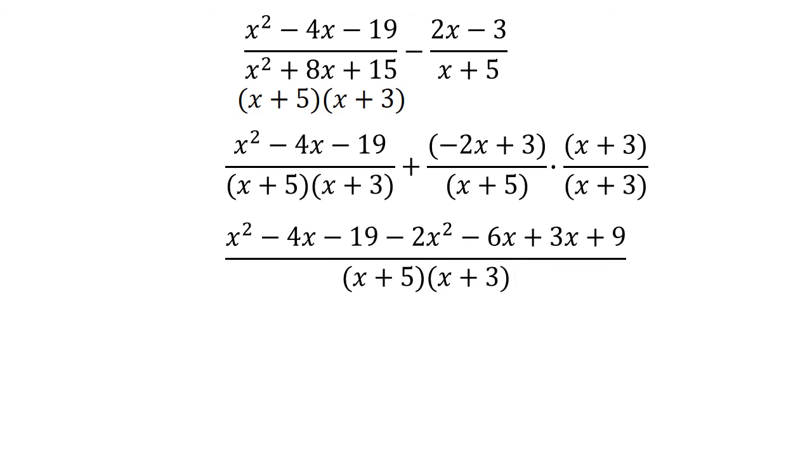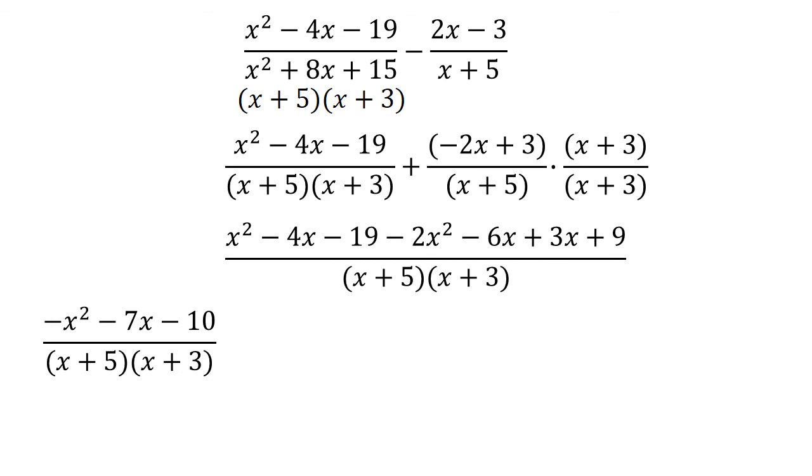So negative 2x times x, negative 2x times 3, 3 times x, 3 times 3. I'm going to get this, combine like terms: x squared minus 2x squared is negative x squared, 4x minus 6x plus 3x is negative 7x, and negative 19 plus 9 is negative 10.